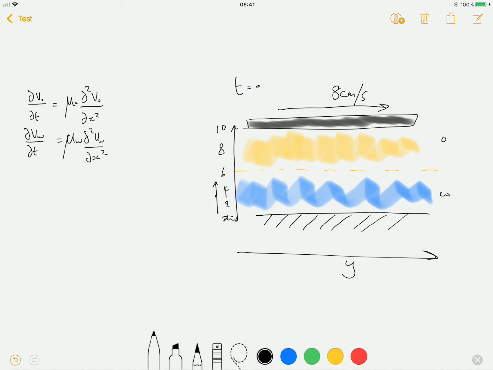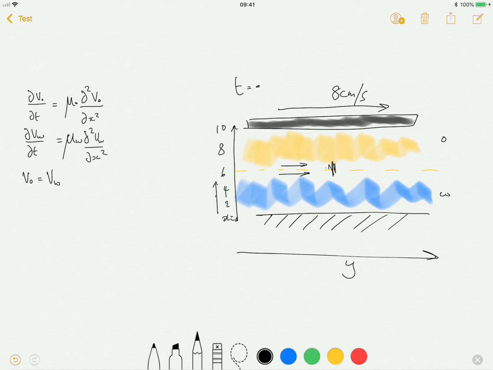Okay, so at the interface, we have the velocity of the oil must equal the velocity of the water. And we have the following, the shear stress is also equal. So there's conservation of the shear stress across that interface.